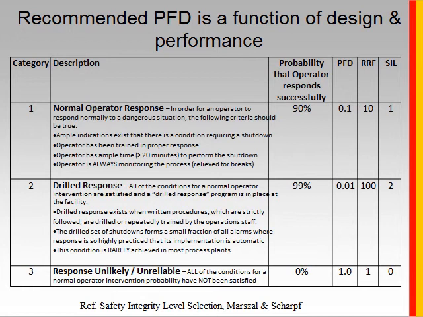If we look at category 1, the nominal operator response with a PFD of 0.1, we can see that to be able to take this level of credit or risk reduction, we need to make sure that the operator is properly trained and has sufficient time to respond to the alarm. If we look at the alarm system performance and analysis and believe that those two conditions are not true, then we can't claim this level of risk reduction, and we would actually drop down to category 3.